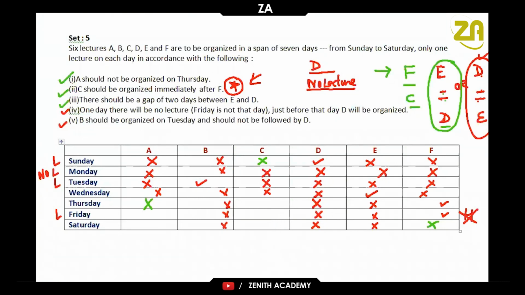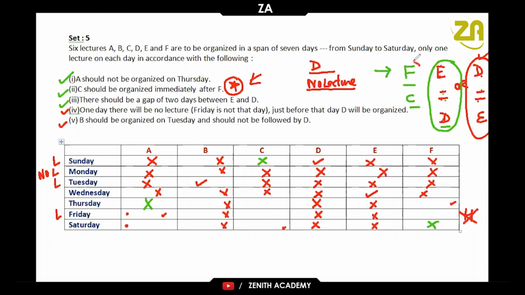So it is a dubious situation. But before it, look here, lecture A is still not decided. Lecture A's possibility is on Friday or Saturday. If you take lecture A on Friday, then F is here and C is here.